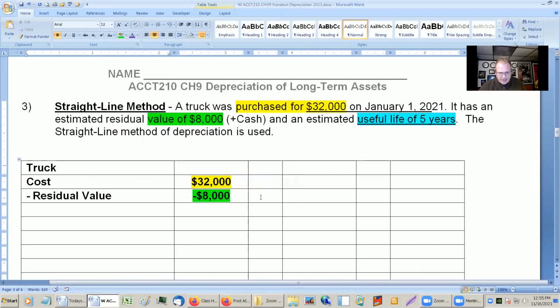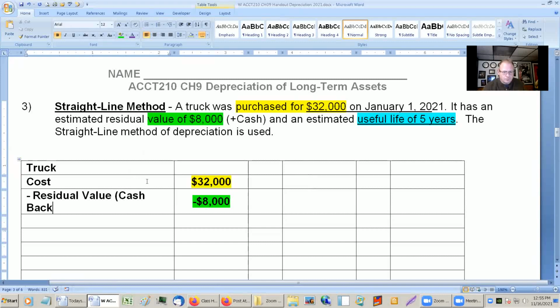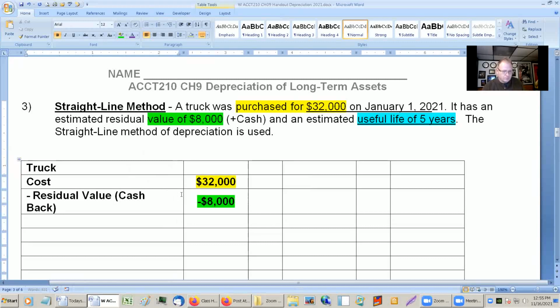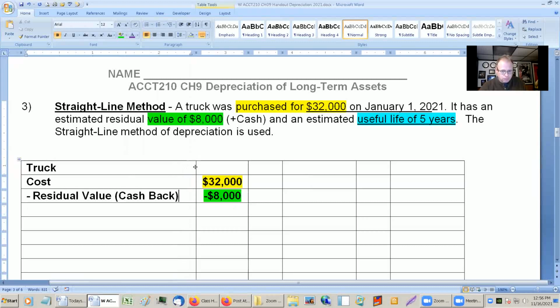And this will give us our depreciable amount.